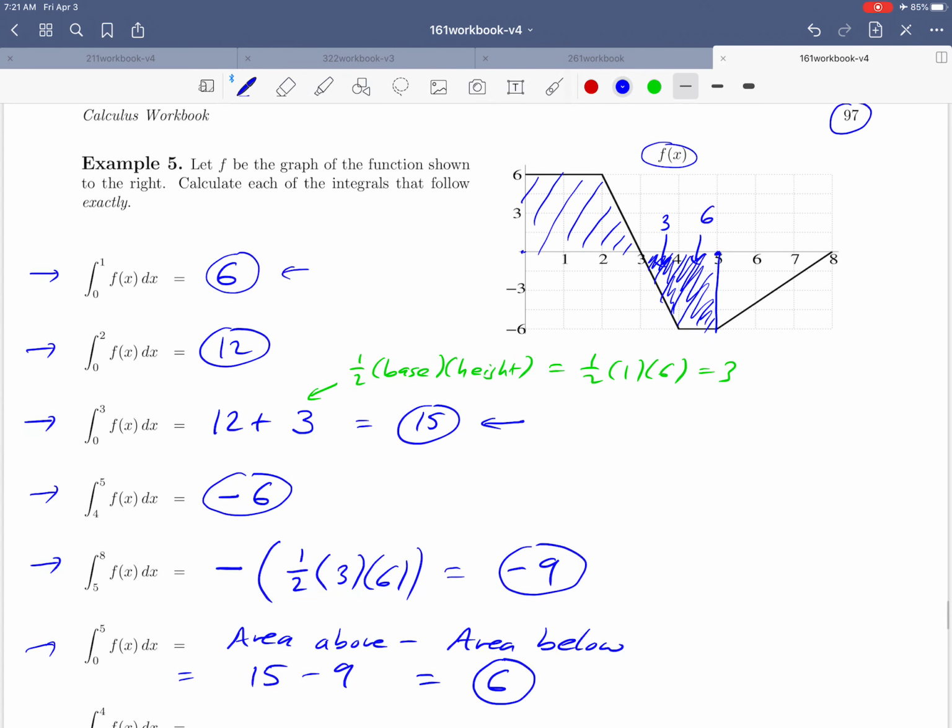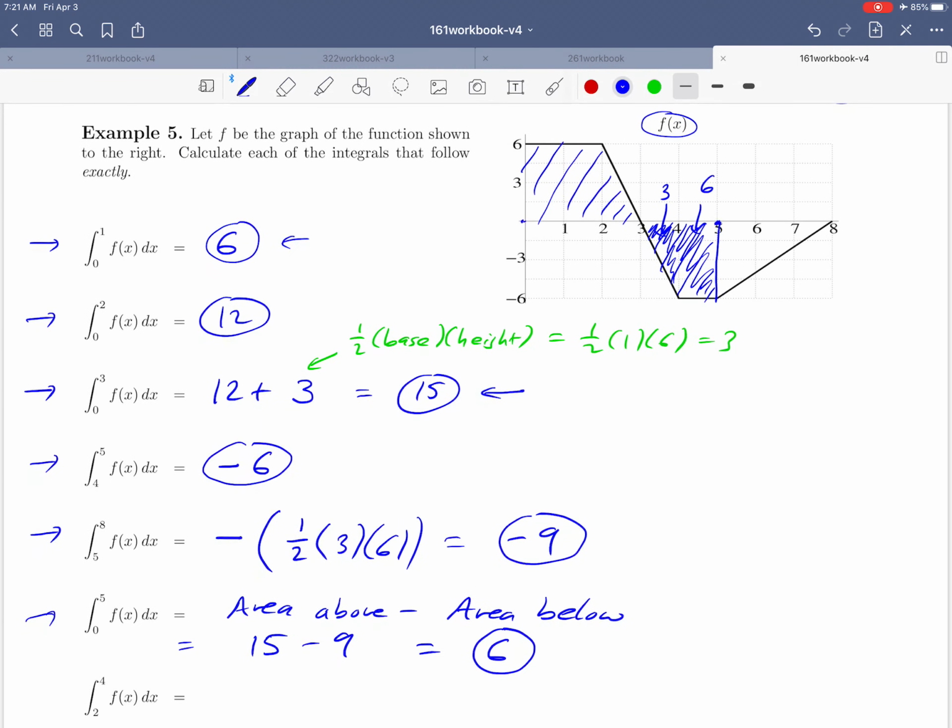Okay, and then finally, what about the integral from 2 to 4? Again, let's get rid of some of the stuff that we drew before. So from 2 to 4, we are starting here and stopping here. So we've got some area that's above and some area that's below. And what do you notice about those areas? Those two areas are the same, just that part of it's above and part of it's below.